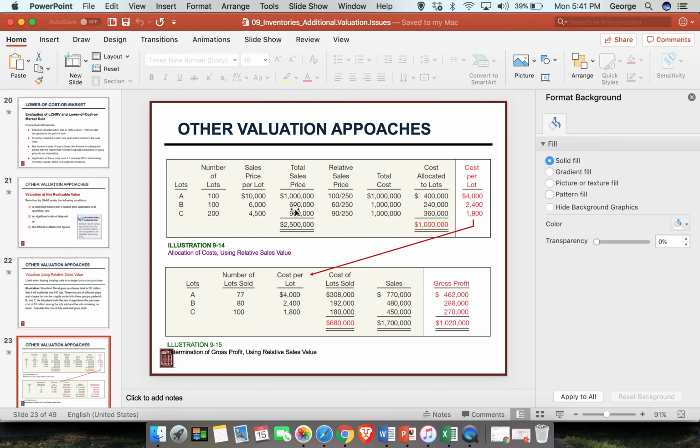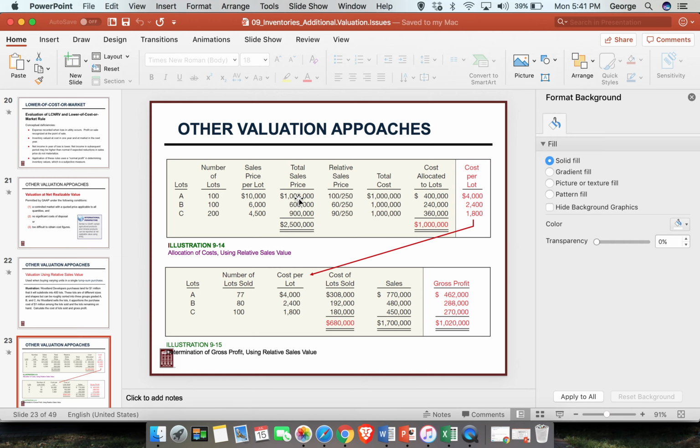All right, so relative sales value. So we look at A. A is 40%, isn't it? 40% of the total sales price. B would be, I believe, 24%. C would be 18%, if that works out all right, but this one's 40%. So we're going to allocate 40% of the costs.